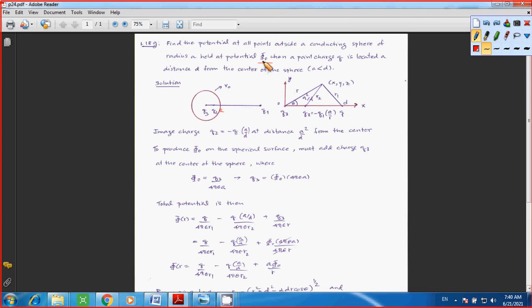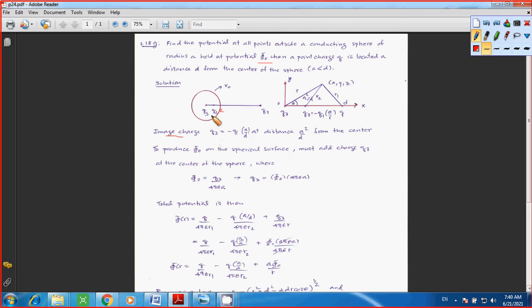So you need to add them up and find phi r at arbitrary point r. Also, you apply the image charge. So you have your q2. First, we do not consider phi 0 yet, okay? We are going to apply the superposition method to find phi r.